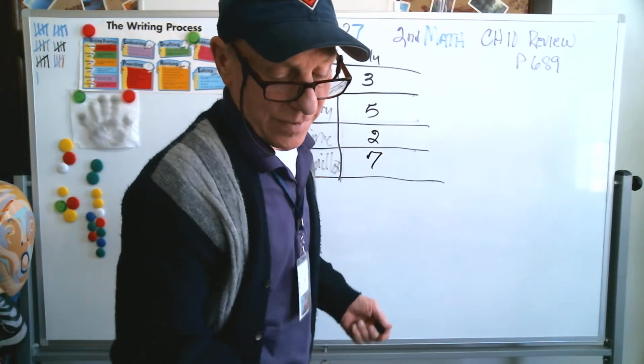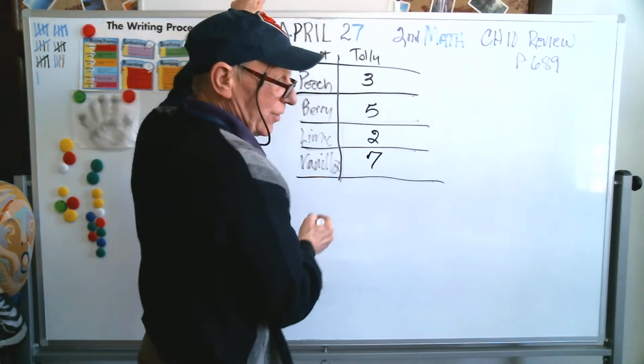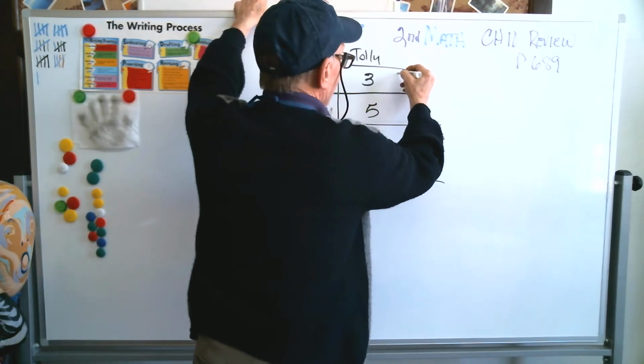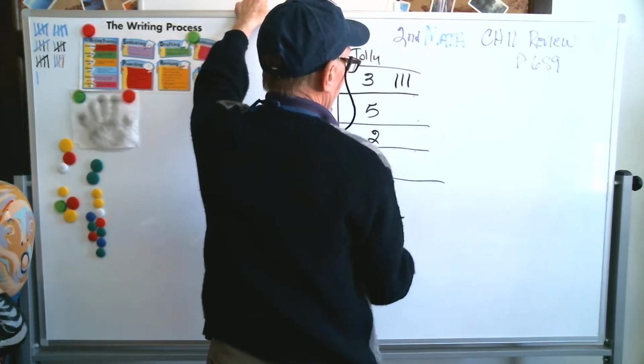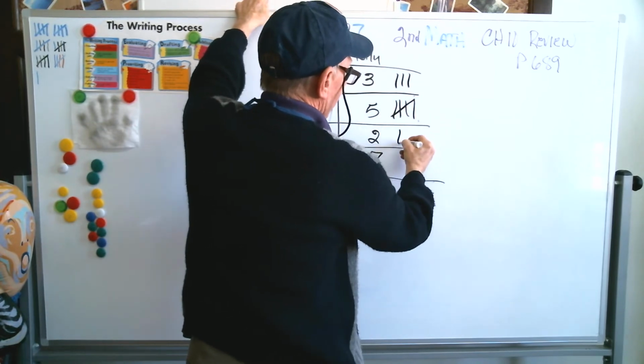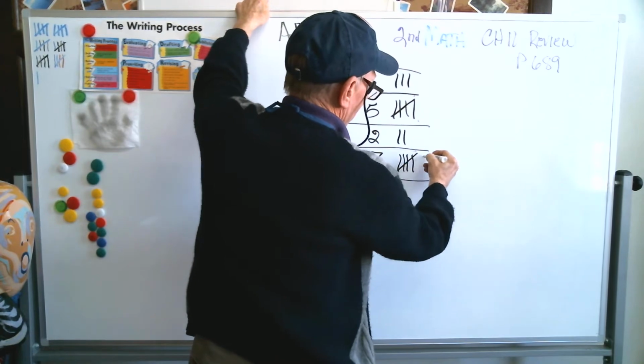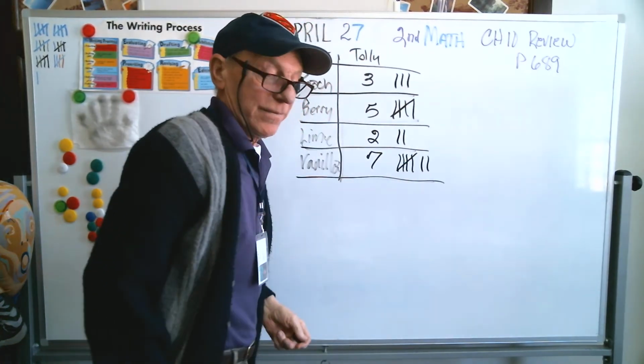All right, so we've put together our chart. Now, another way that you can display this tally is with hash marks. That would be 3. That would be 5. That would be 2. And that would be 7.